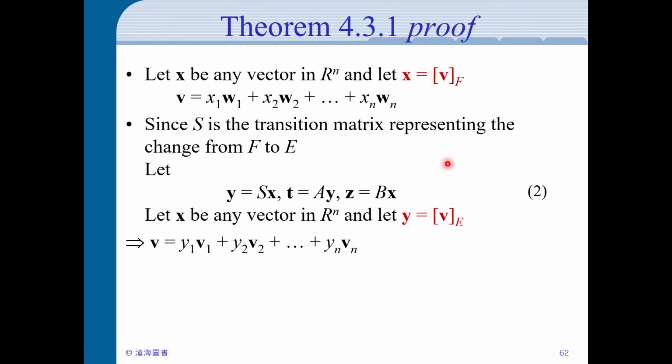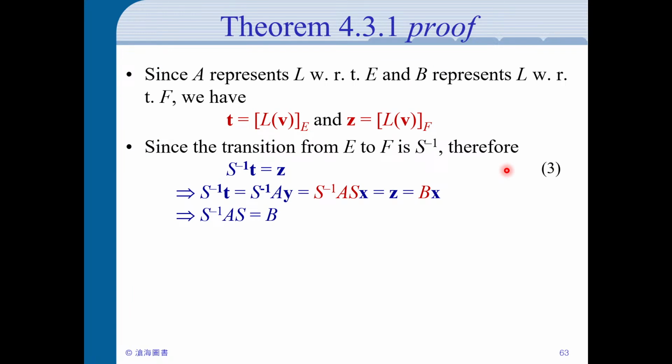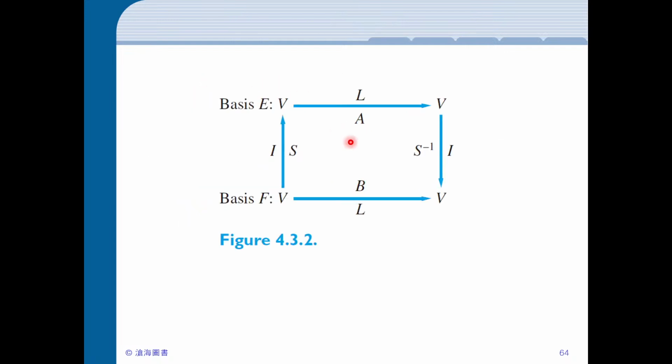Never mind, the B is the linear transformation we have, which represents the L. So we have our A and B. B is the change from V to V in basis F, and A is what we know.